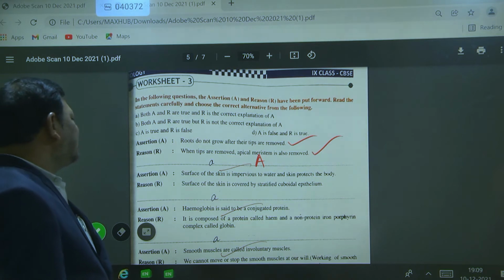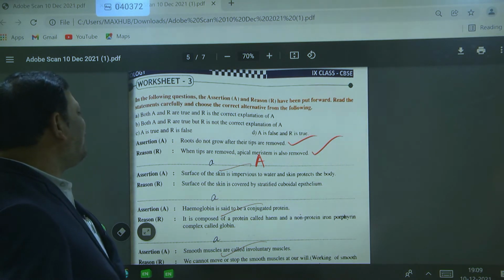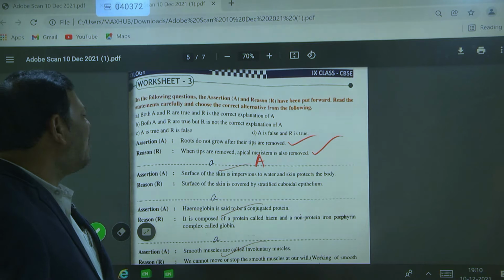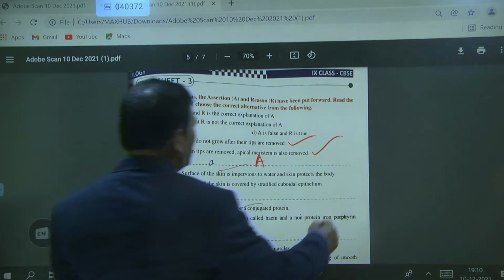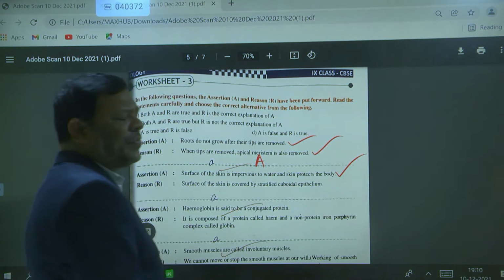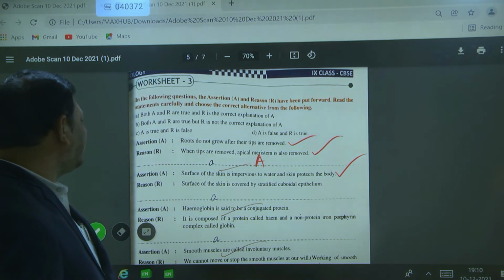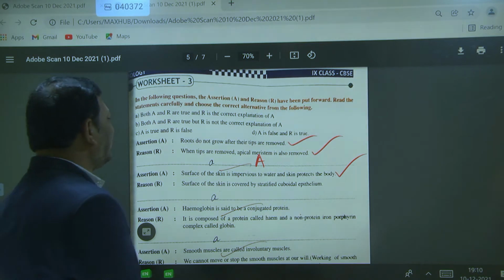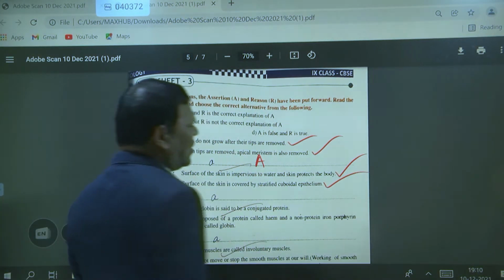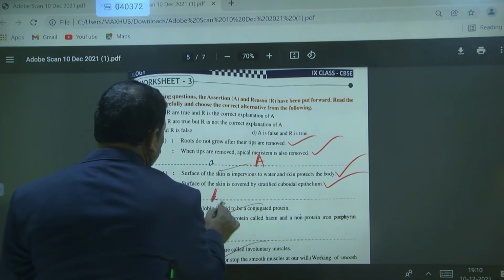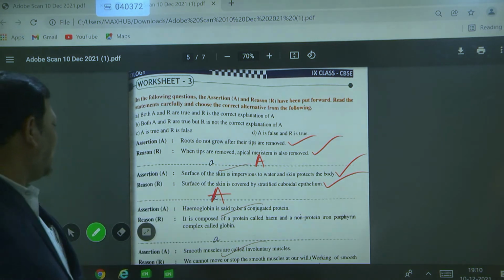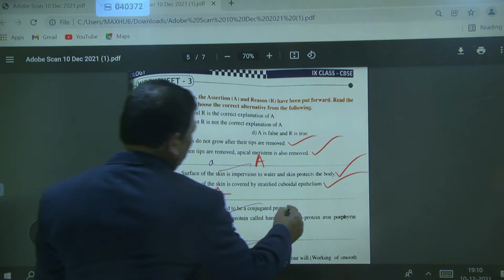Second question. The surface of the skin is impervious to water and the skin protects the body. This is true. And the surface of the skin is covered by stratified cuboidal epithelium. So option A. Next, hemoglobin is said to be a conjugated protein.